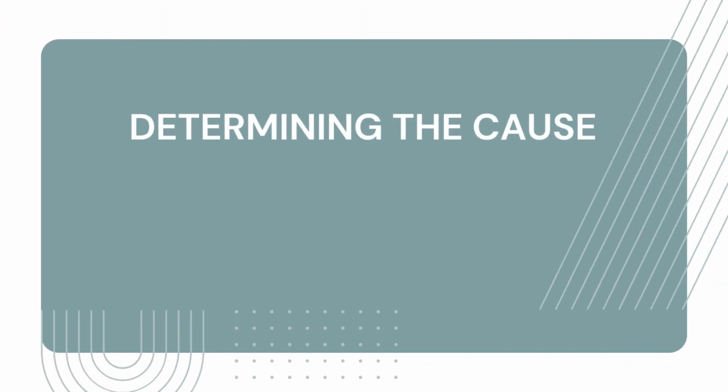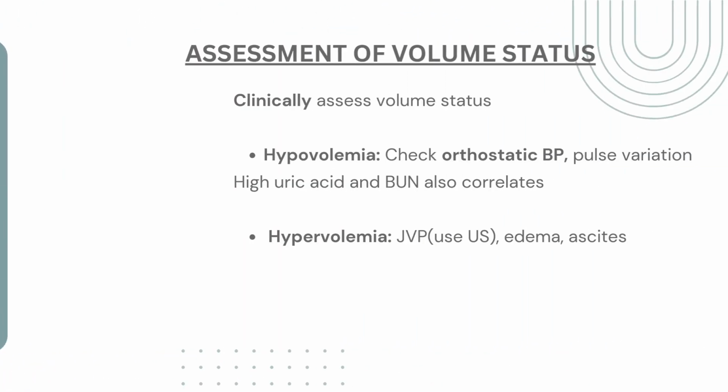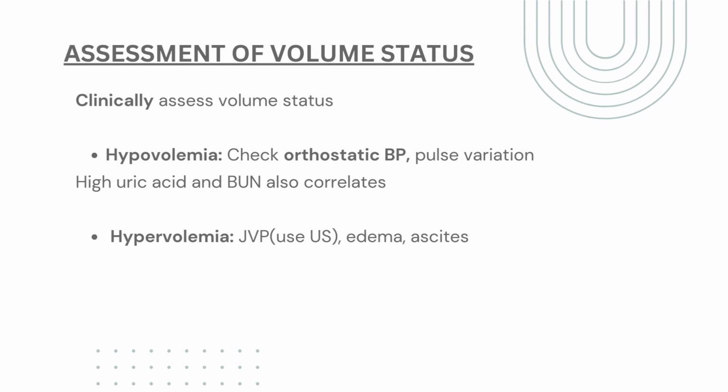One of the most daunting tasks while treating hyponatremia is determining the cause. We will approach the cause determination through proper steps. After calculation of serum osmolality, we will start with volume assessment. We will clinically assess the volume status.